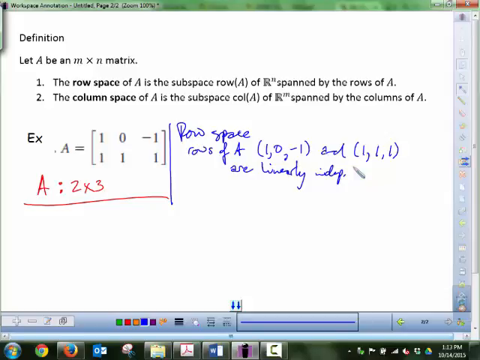So from last time, we said that if we have 2 linearly independent vectors in R3, I'm going to attempt to draw this in 3 dimensions. It's a very poor attempt. But I have 2 vectors in R3, and what do these 2 vectors span in R3? They would span a plane, right?